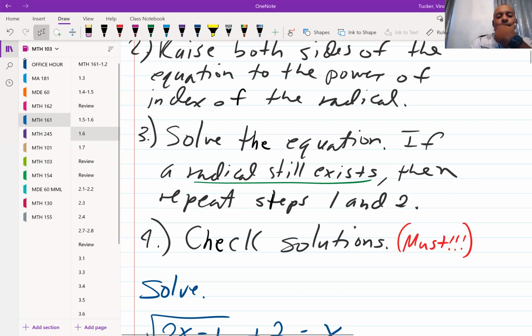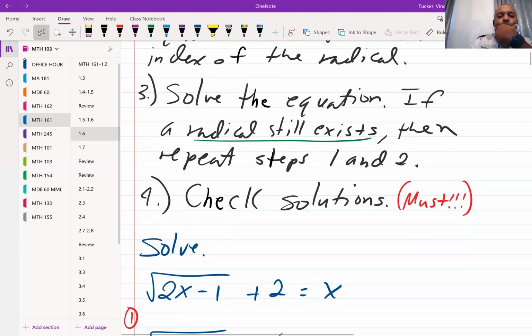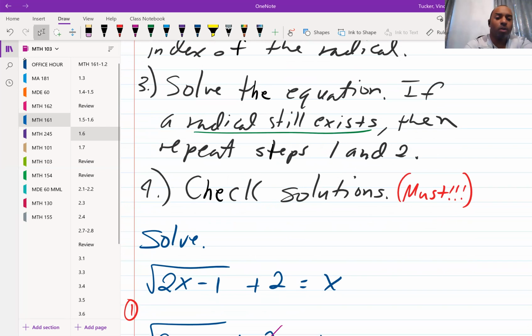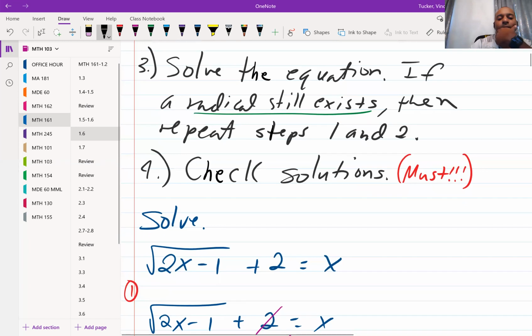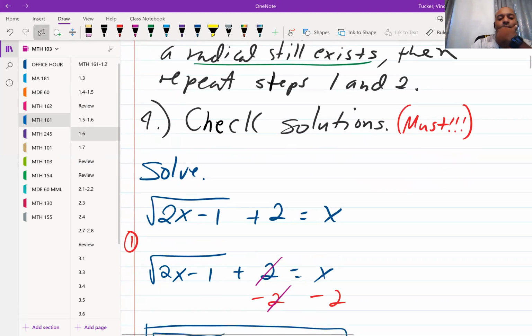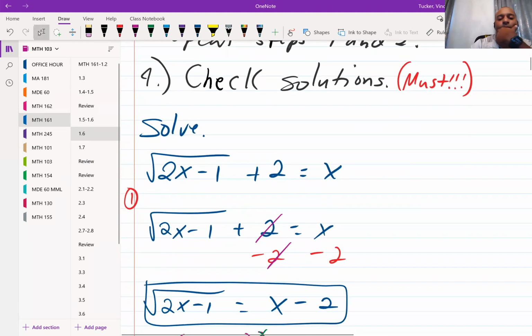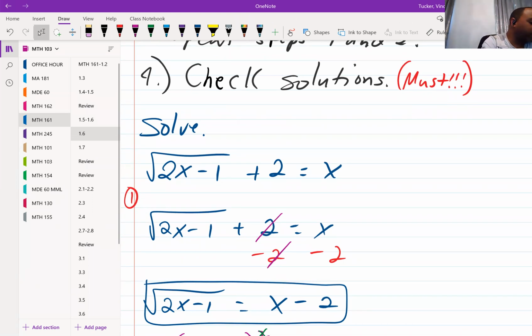All right, so let's try this out. Looking at the square root of 2x minus 1, plus 2, equal to x. I try to make sure that my plus 2 is not under the radical as far as my writing. All right, so first step is to isolate the radical. So I subtracted 2 from both sides.